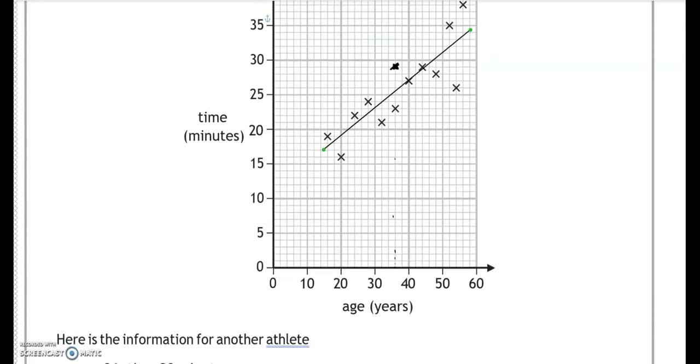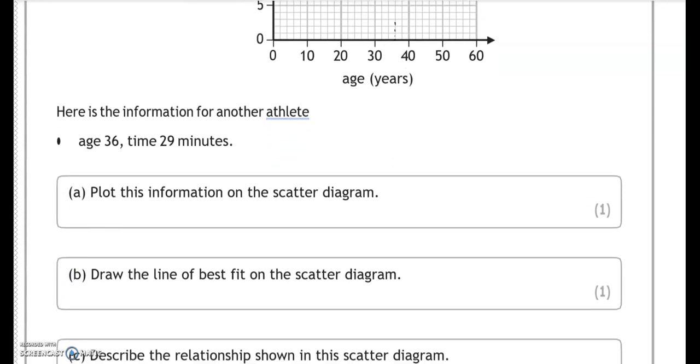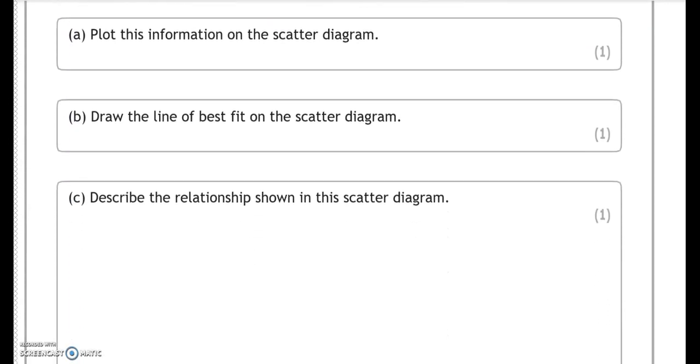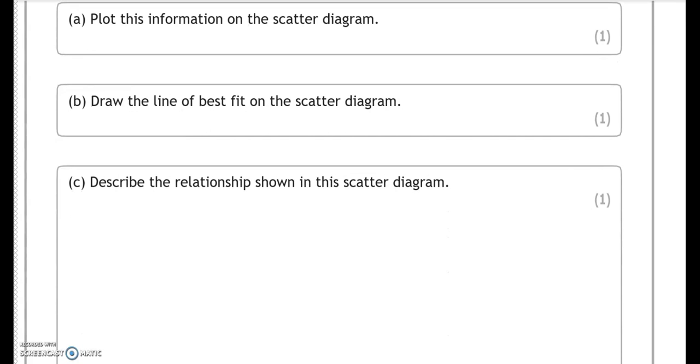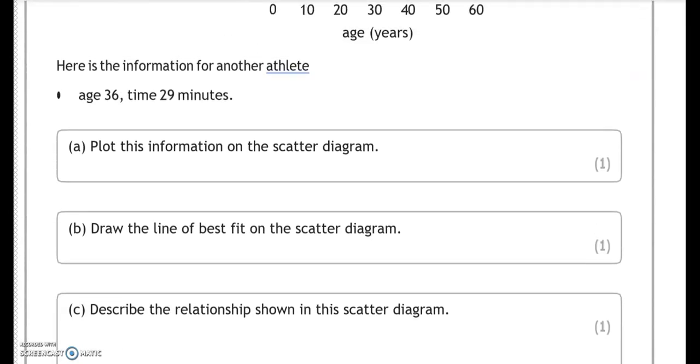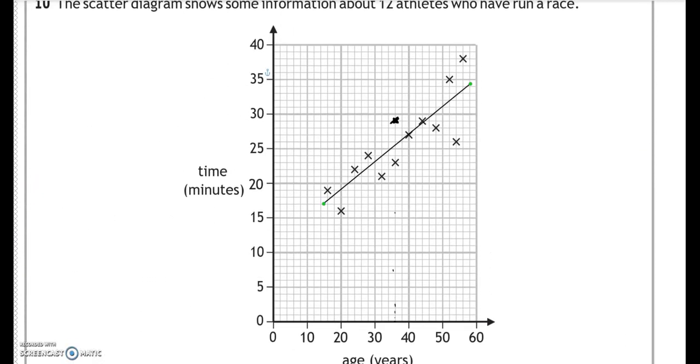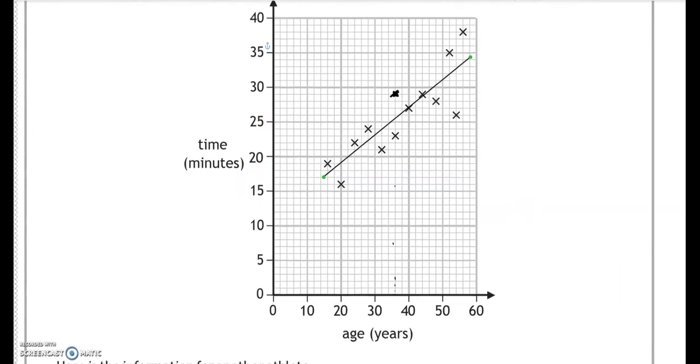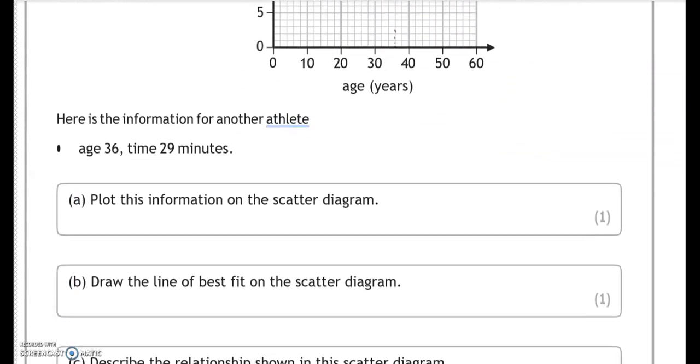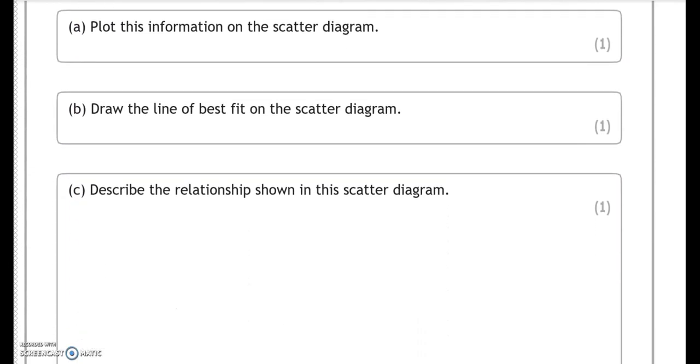Doesn't have to be perfect or absolutely accurate. Now we've got to describe the relationship shown in this scatter diagram. As we can see, this is a positive correlation because when age increases, so does the number of minutes. So I'm just going to write positive correlation.